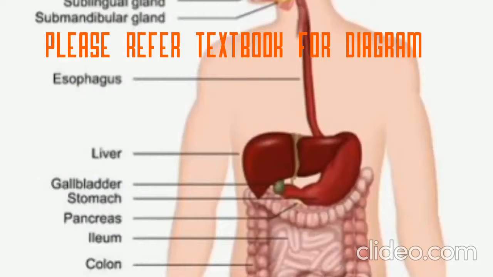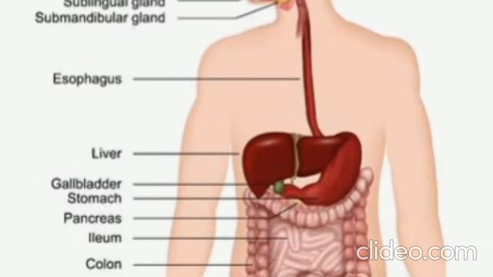This is a diagram of a human digestive system. If you see this diagram, we can understand how the digestion process takes place inside a human body. And you must know one thing, that in the human body two types of digestion take place.